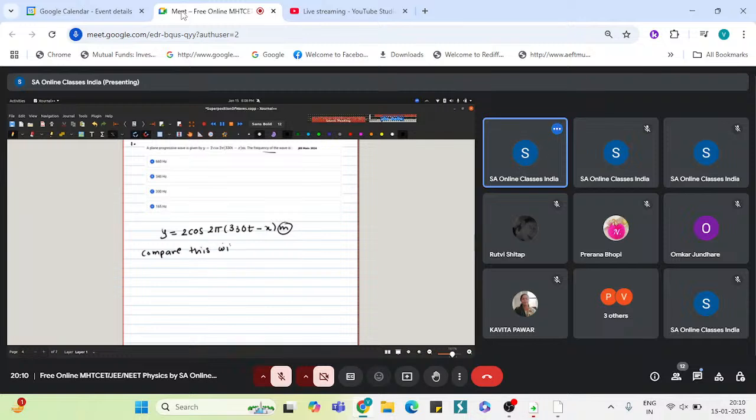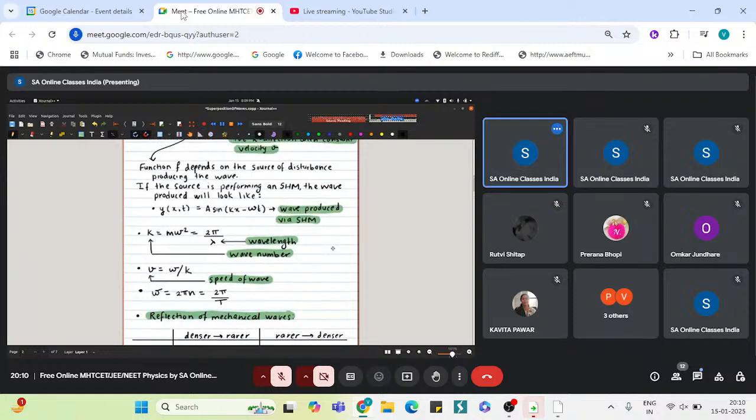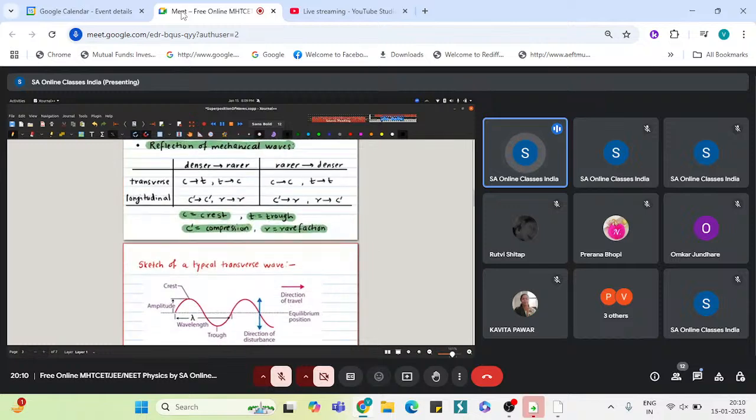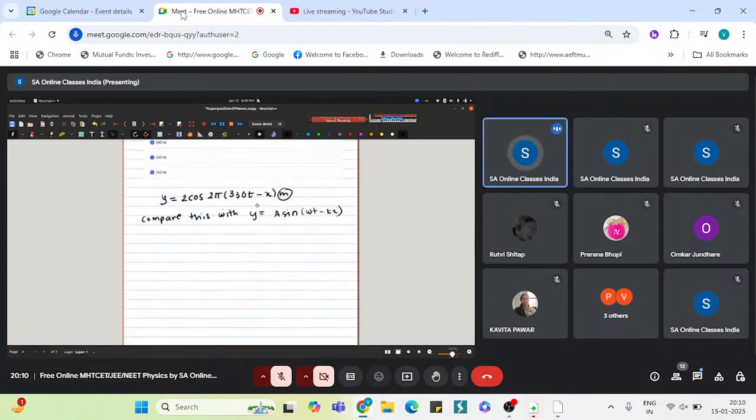Compare this with the standard equation, which is y is equal to a sine or cos, whatever, doesn't matter, of (omega t minus kx). Somewhere here I might have written the equation also, kx minus omega t or omega t minus kx, similar things.